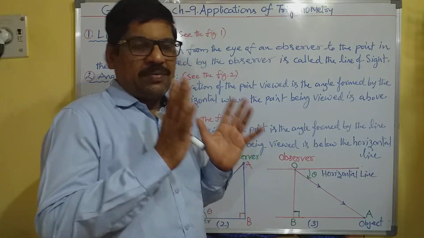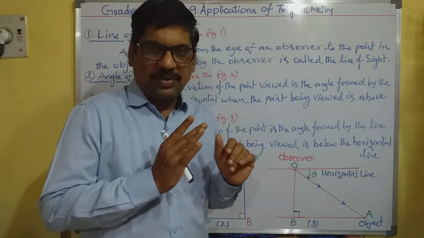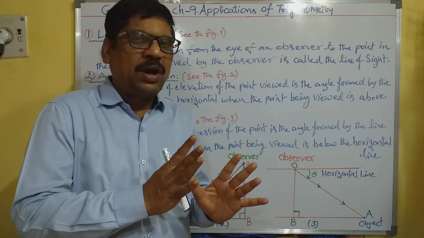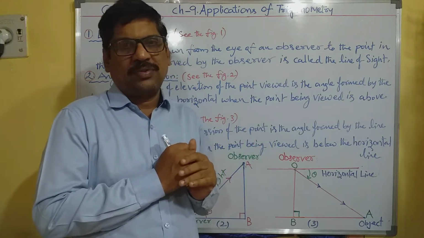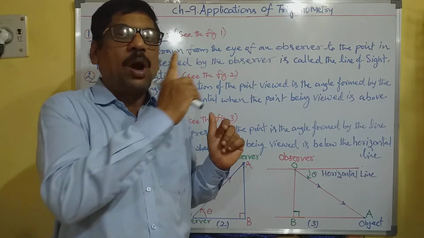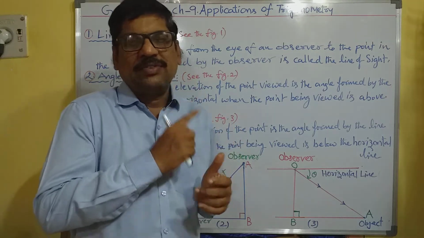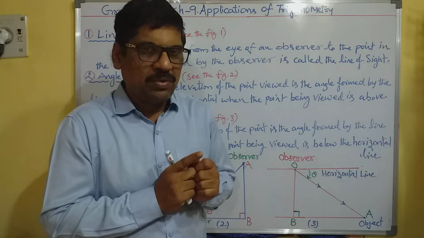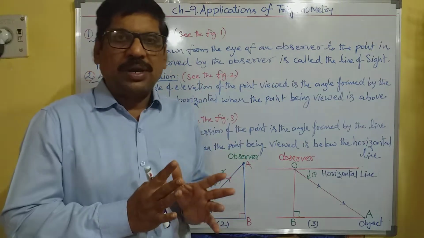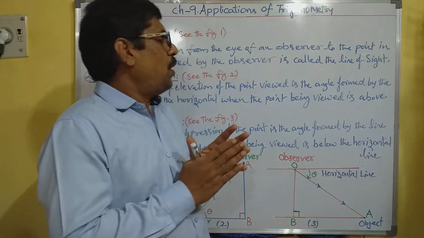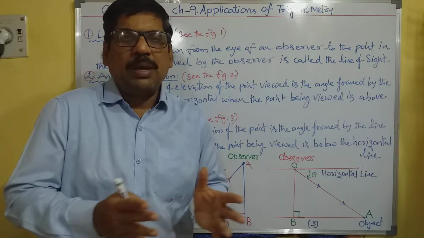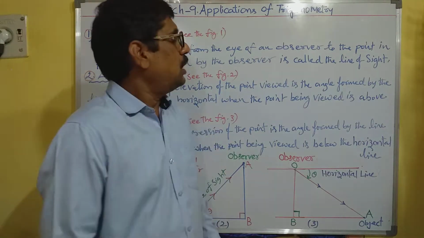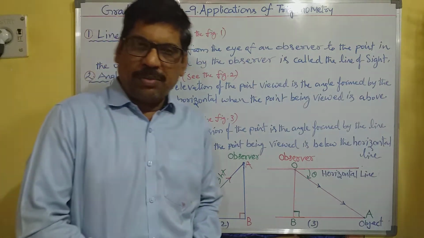We have taken one example, that is we found the height of a building which is at a distance of 480 meters and the top of the building was observed by 60 degrees. That was found by using the trigonometric ratios. So with that knowledge we can do many problems from this chapter, that is applications of trigonometry.